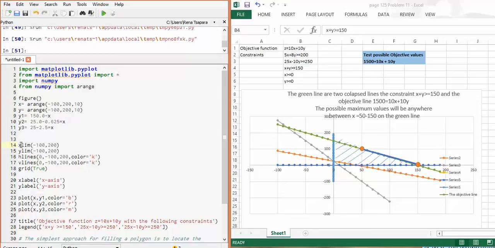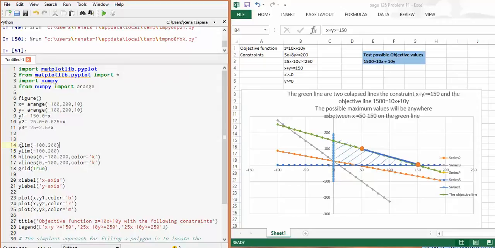This is going to tell us that the actual graph will be a grid, the Cartesian plane, that goes from negative 100 to 200 for the x's and from negative 100 to 200 for the y's. So it will be 300 by 300 units on the graph.